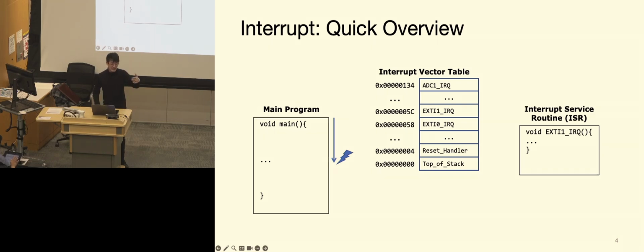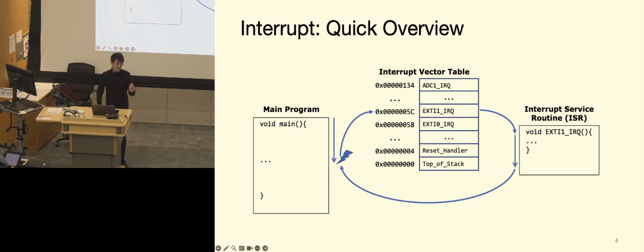A bunch of things get saved in the stack, and then we look at the interrupt vector table to determine the address stored at this interrupt location, and then go to the ISR, the handler function, which does a little bit of work. Then you unstack everything back to the core, and it keeps executing from that point on. It's a basic workflow.